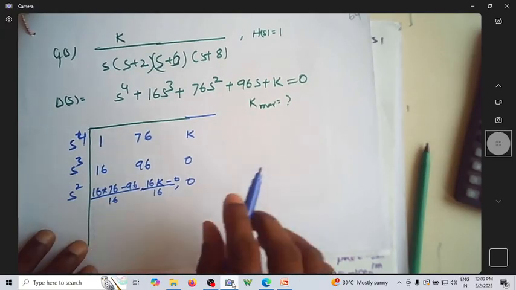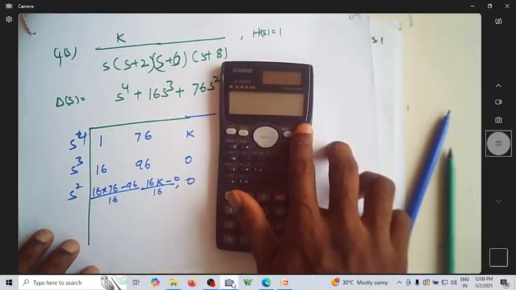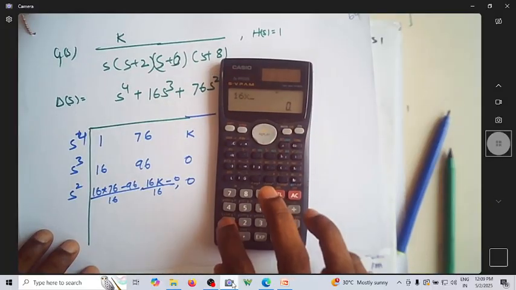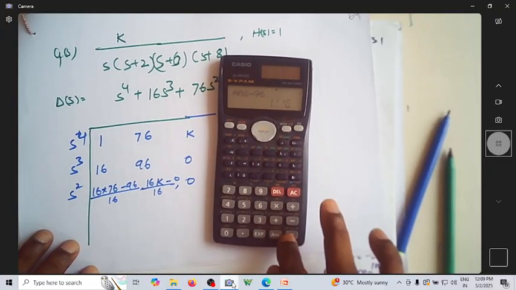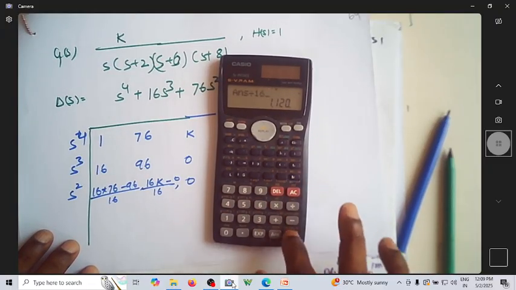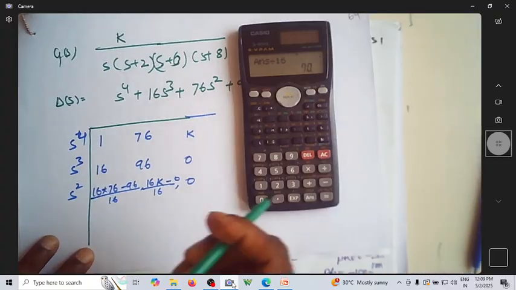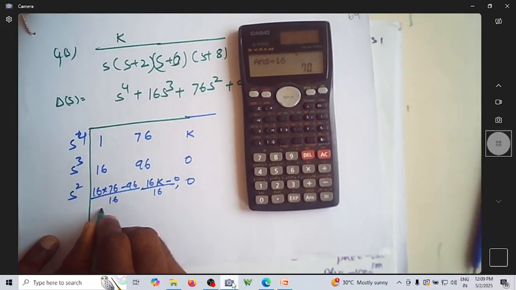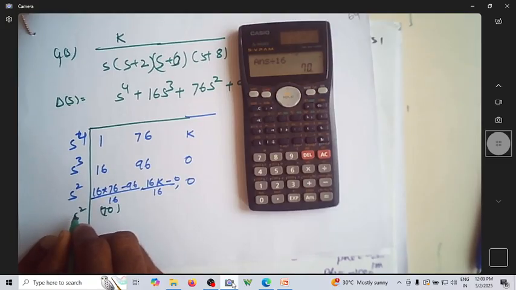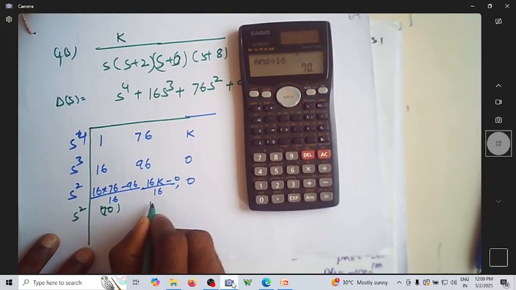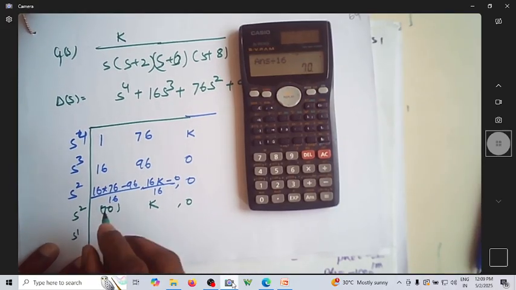This is 0. So how much is this? 16 into 76 minus 96, divided by 16, is 70. This is actually 70. This is now, let me write s cube. This is 70, this is actually k, and this is 0. Then what is s power 1?